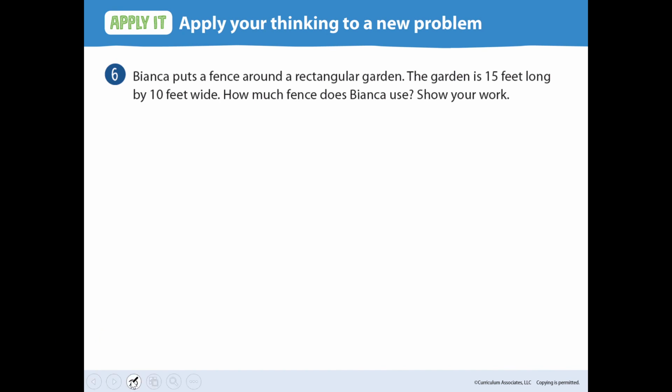Okay, so I'm actually going to make a picture of this garden so that we can visualize it. Here's my rectangle. And it says that it's 15 feet long. So let's write 15 feet for the length. And it is 10 feet wide.